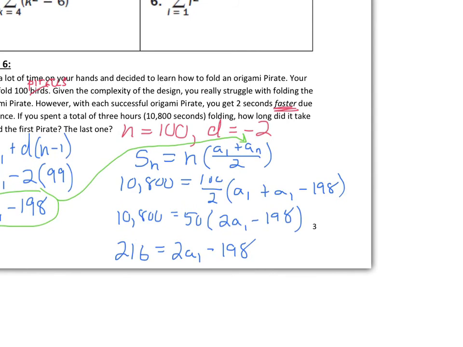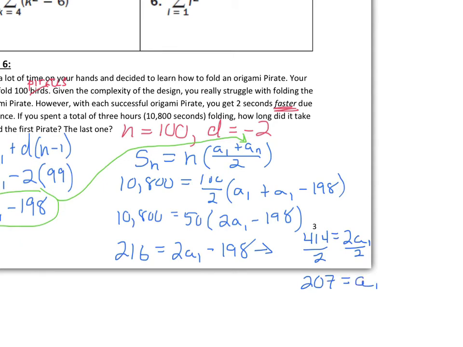I'd add 198 to both sides, and when I do that, I get, let's see, I'm using my calculator again, 216 and 198. That works out to be 414. That's going to equal 2a sub 1. And then I go ahead and divide both sides by 2. Trying to show this without running out of space here. And it looks like I'm going to.